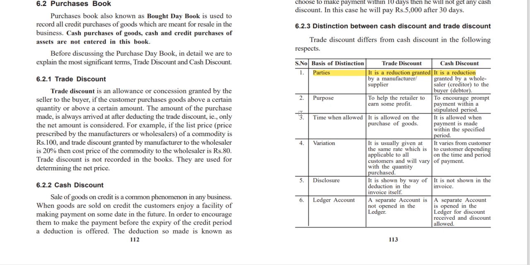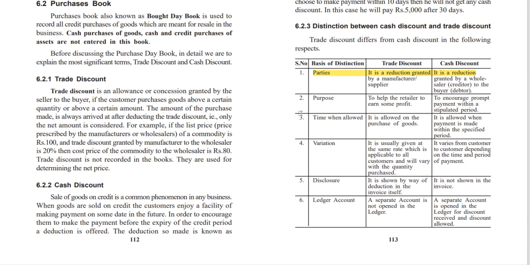You have seen the advertisements in the stores, in the market, saying 10% discount, 20% discount. That is what we call a trade discount. When a manufacturer or a seller gives a discount on the price of a particular good, we call it a trade discount.